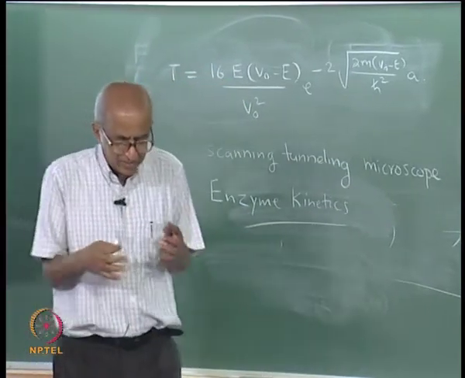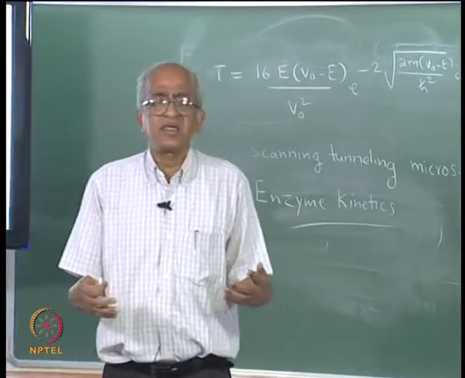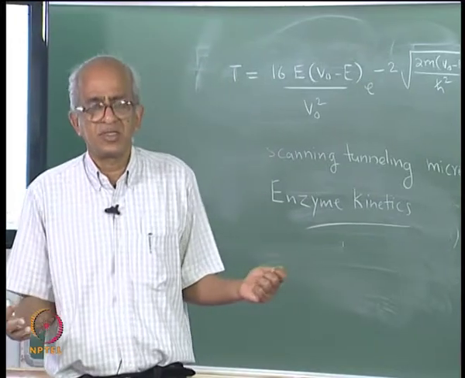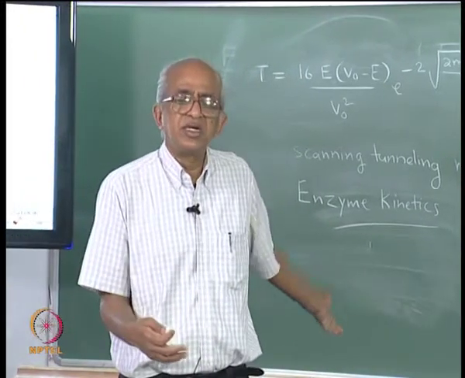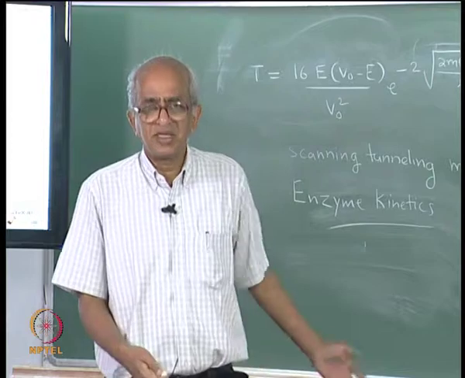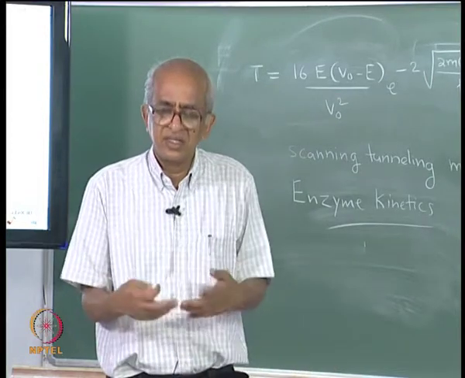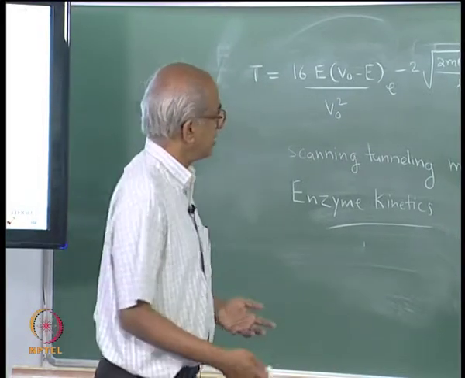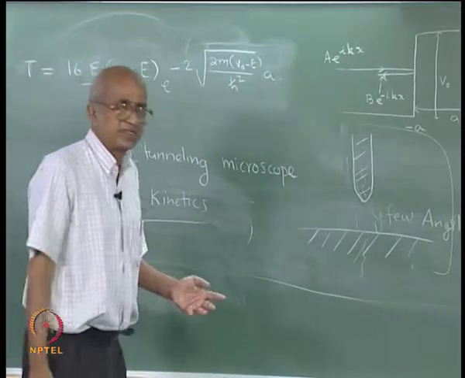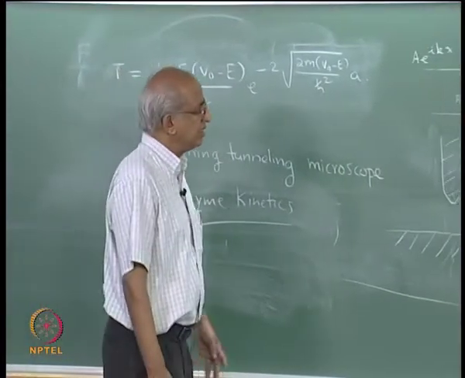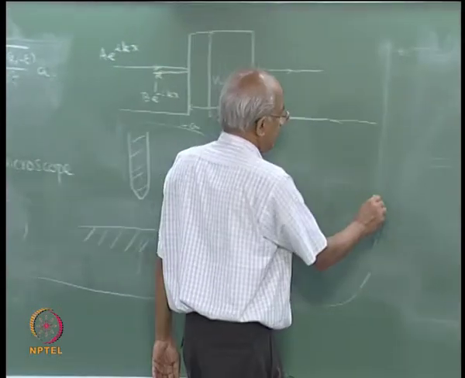Now, there are hydrogen or proton transfer reactions occurring in biological systems, and these usually are catalyzed by enzymes. Hydrogen or proton, you know that they are rather light in comparison with other nuclei.